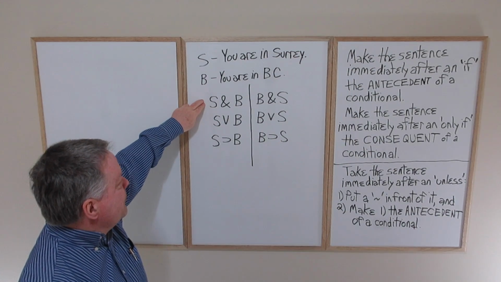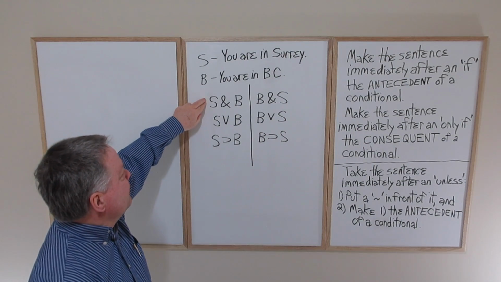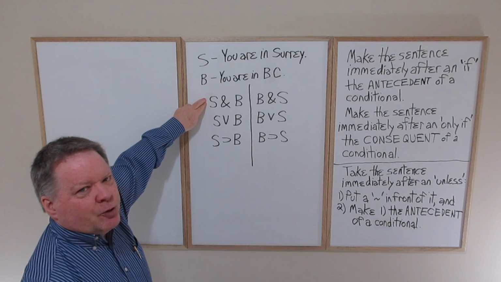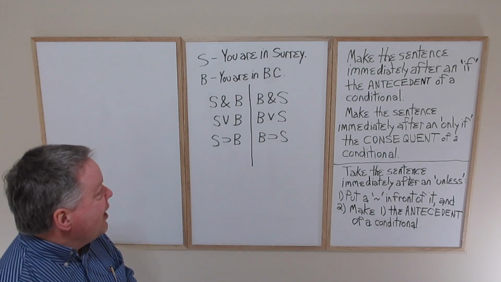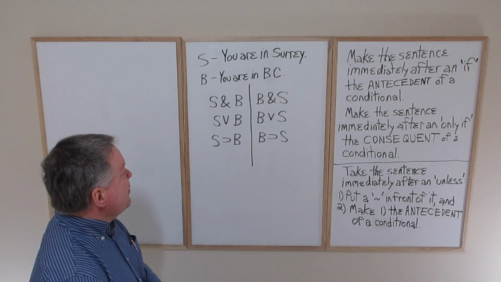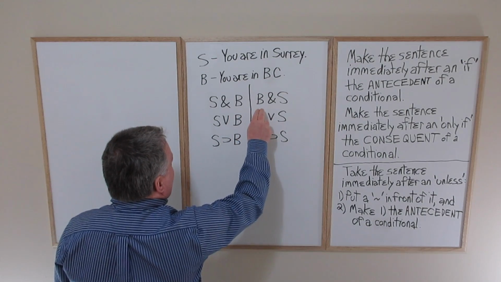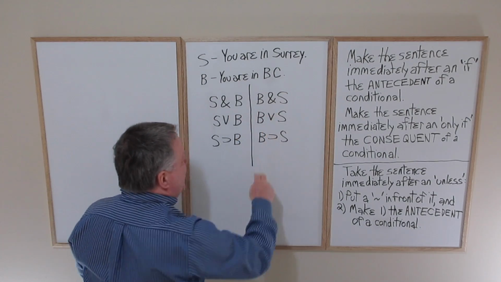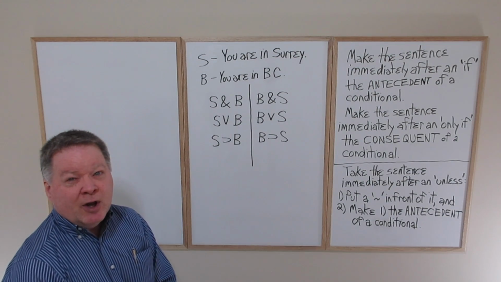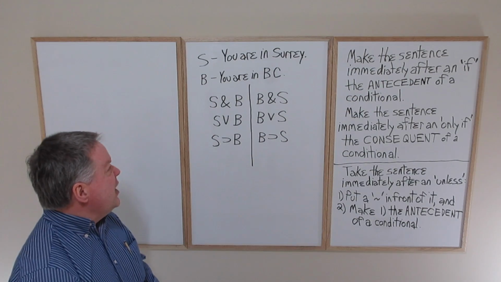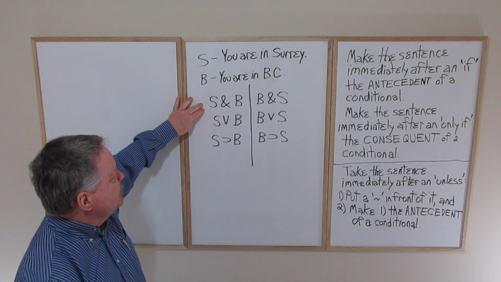Here's a simple conjunction, a simple disjunction, and a simple conditional. You're in Surrey and you're in British Columbia. Notice if we just switch things around, so we've got a mirror image conjunction, you're in British Columbia and you're in Surrey. Switching the order of the two conjuncts doesn't change the nature of the compound commitment made by that conjunction.